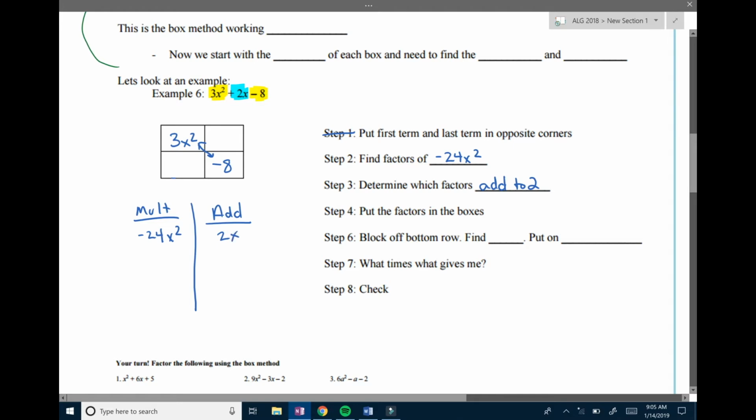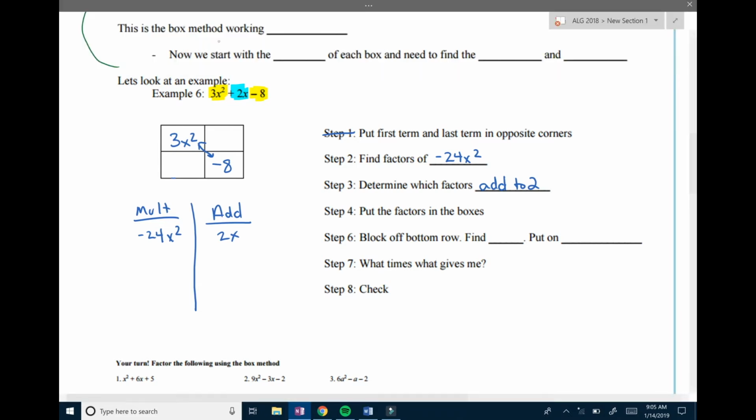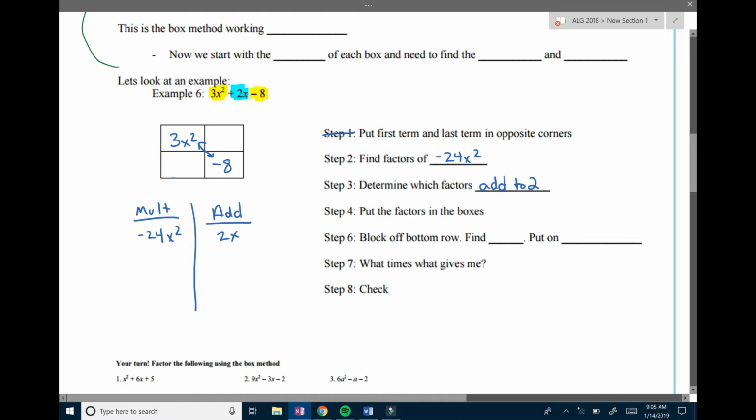So what numbers multiply to negative 24x squared, but also add to 2, sorry. So the first thing I like to do is I like to figure out what multiplies to 24. So 12 times a negative 2 gives you 24. But does 12 plus negative 2 give you 2? It does not give us 2. So 12 and 2 is not correct.